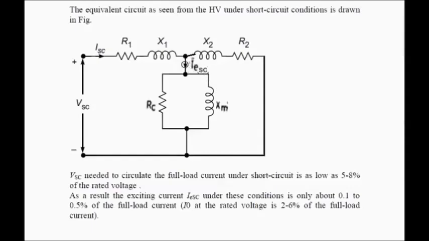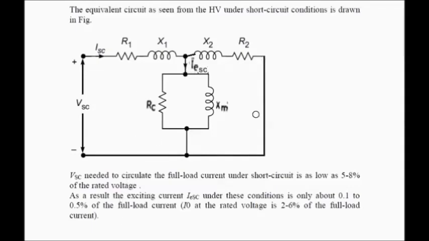So no load current in this case is only 0.1 to 0.5% of full load current. Normally this IE, which I have denoted by I naught, when I have connected some load here, is about 2 to 6% of full load current.